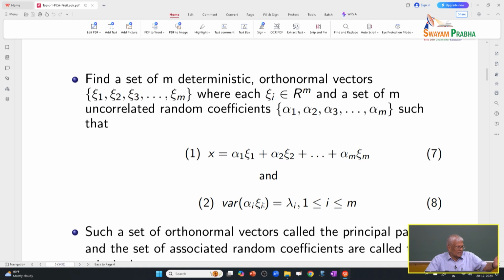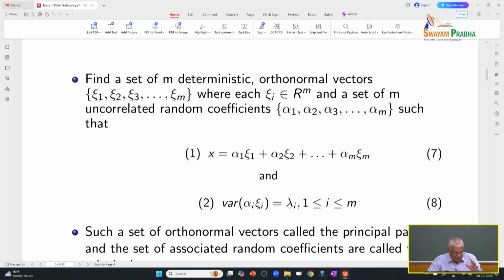Please understand, xi is a vector, a fixed deterministic quantity, and alpha i is a random quantity. So this is a scalar times a vector. I would like to be able to compute the total variance of this vector, alpha i xi, to be lambda i.